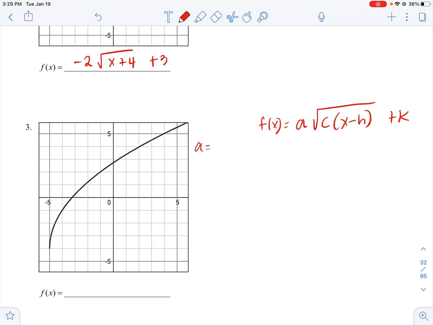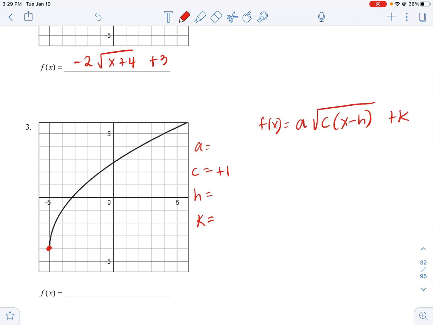So we have a, c, h, and k. Again, our c is either a positive 1 or a negative 1. It looks like our graph is moving or traveling to the right. So our c is positive 1 again.